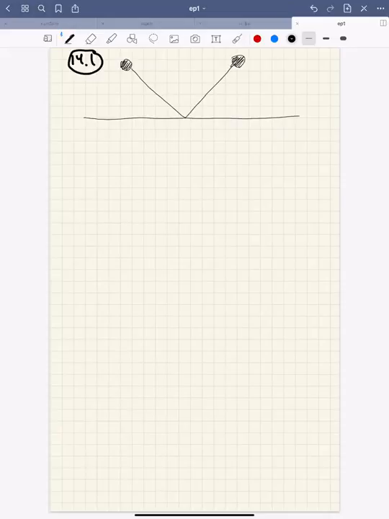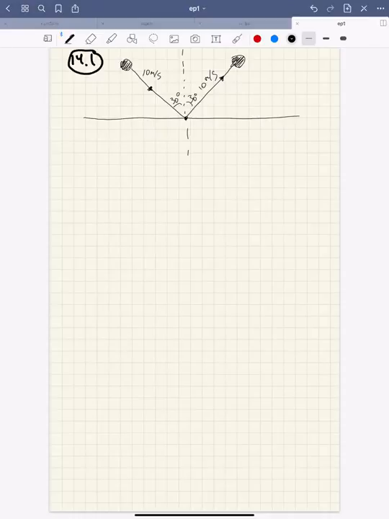Now, the speed of this tennis ball is 10 meters per second when it bounces down, and it's 10 meters per second when it bounces off. We know that the angle is 30 degrees, so this angle is 30 degrees, and this angle is also 30 degrees.